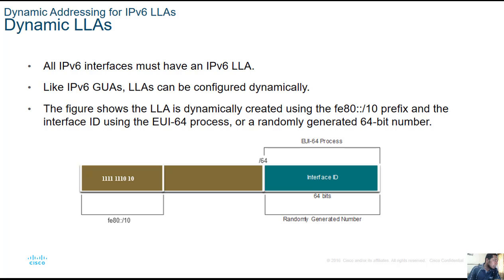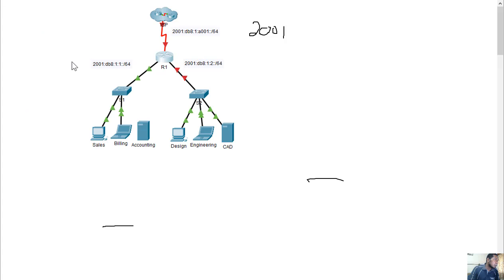We put together this FE80 prefix, including the interface ID. In the example here you have 2001, and right at the end you have ::1. That 1 represents the interface ID, the one here.